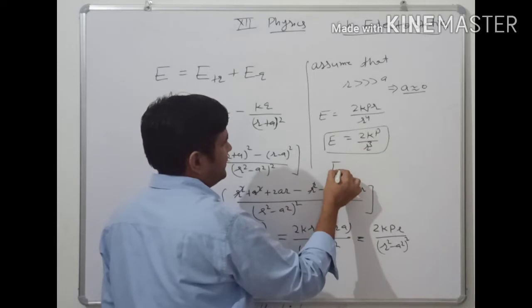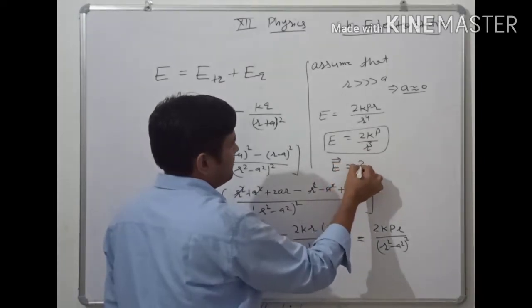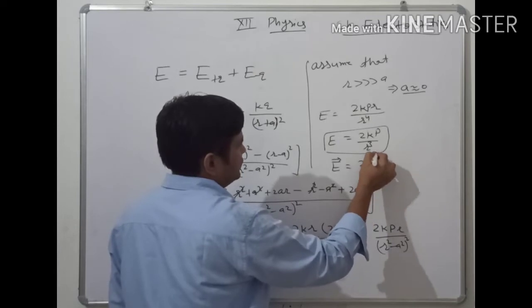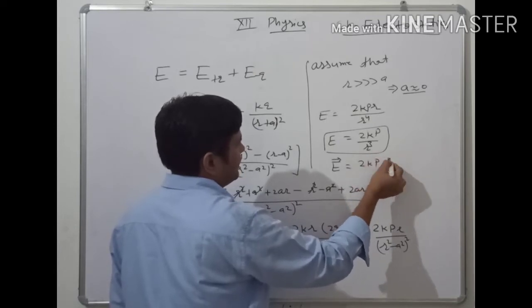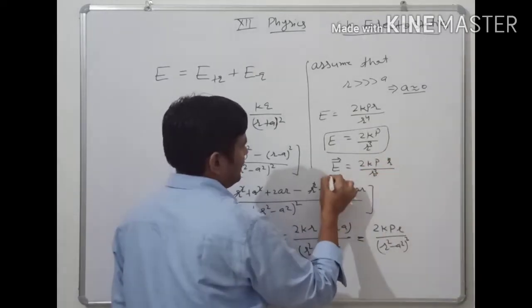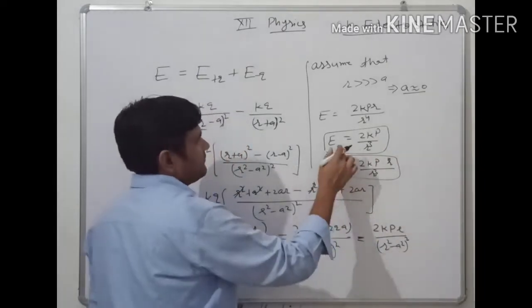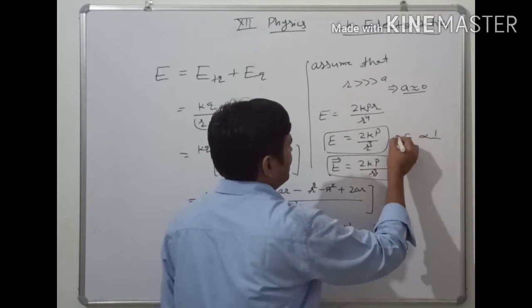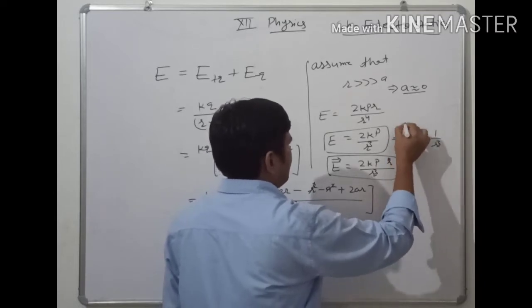If we write it in vector form, it is kp, and we write it in terms of the p vector divided by r cube. Clear? But here the electric field is inversely proportional to r cube.